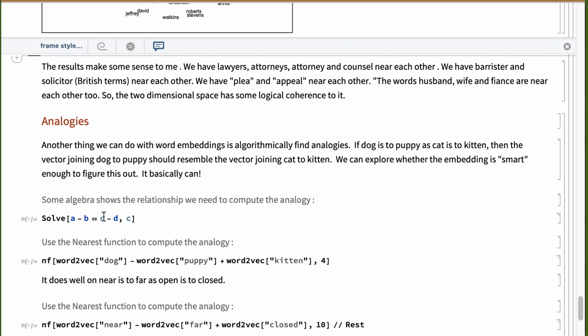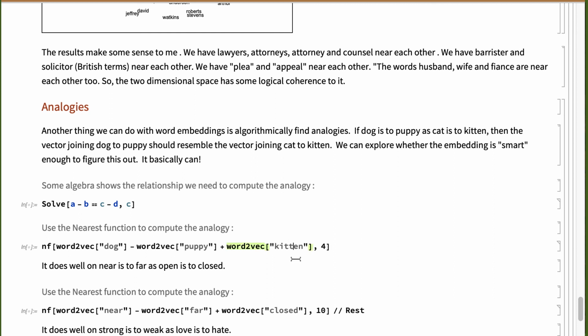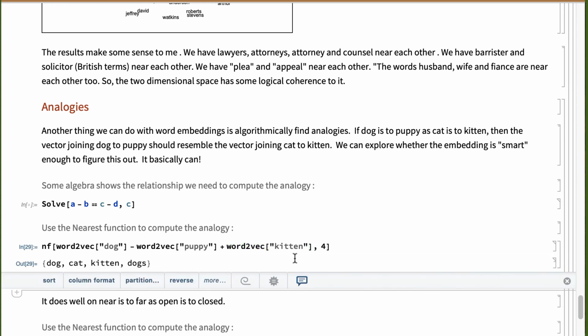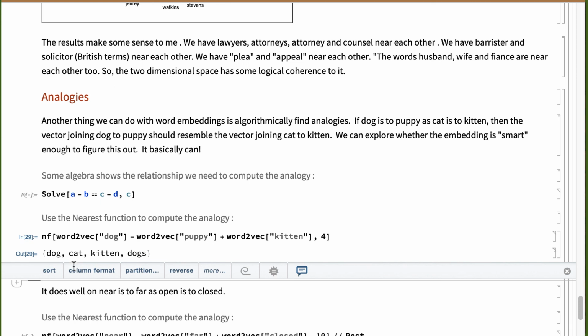I want to get cat out. So we're going to say a minus b is equal to c minus d, solve for c. That's a minus b plus d. So this is dog minus puppy plus kitten. I'm hoping we're going to get cat. When I did it on the other ones, we did really well. And there we go. The second thing is cat, and I'll take that. I will accept that. That's pretty good.